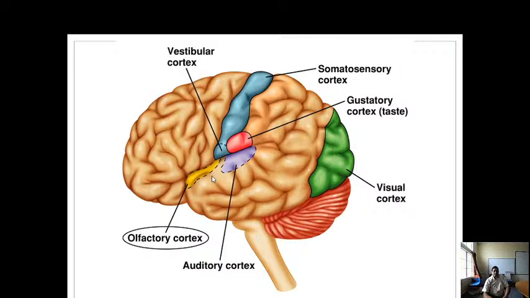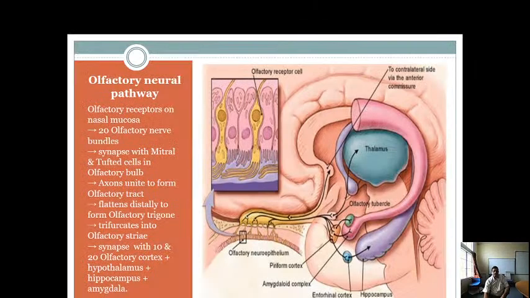Of the three branches I have told you about, one goes into this, the second goes into the hypothalamus, and the third to the amygdala and the hippocampus. This is how the olfactory neural pathway is seen.